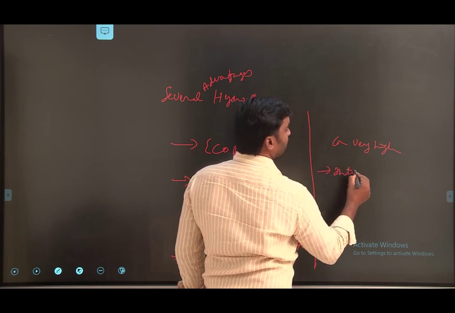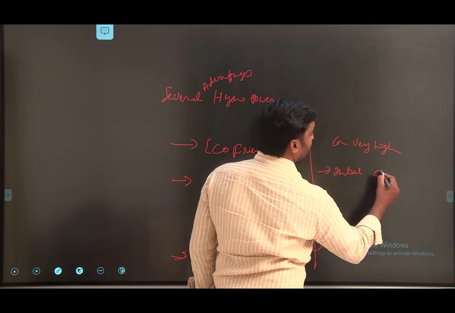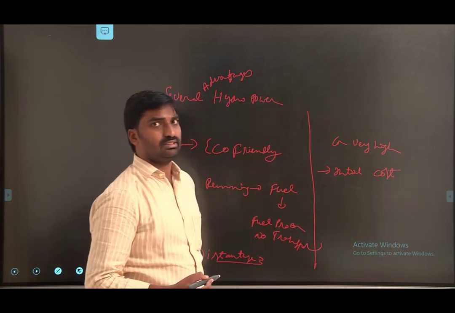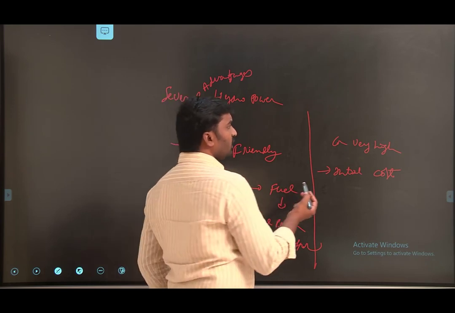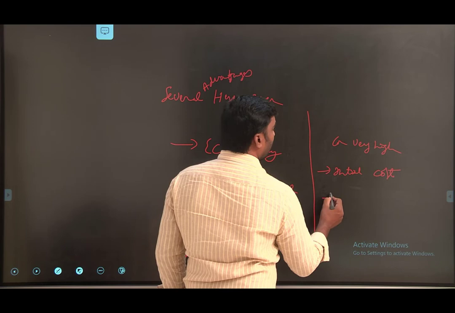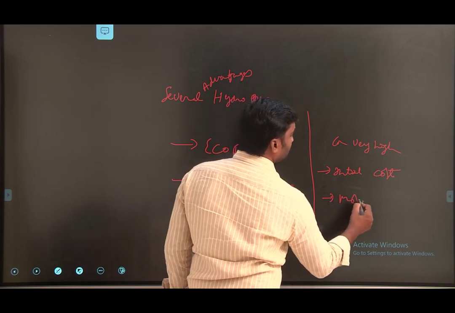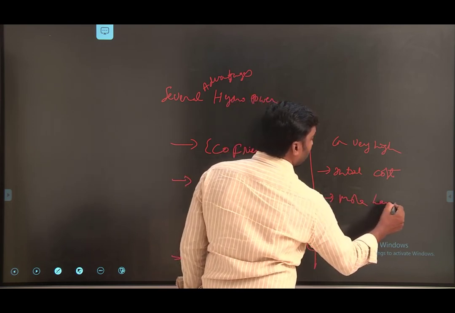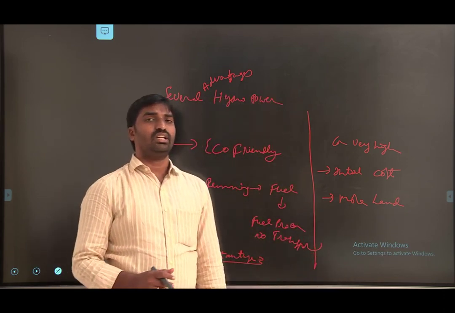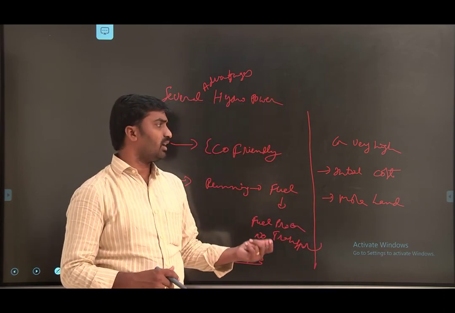The initial cost of power production is high when compared to other power production technologies. And it requires more land when compared to other power stations. So these are some disadvantages of a hydroelectric power plant.